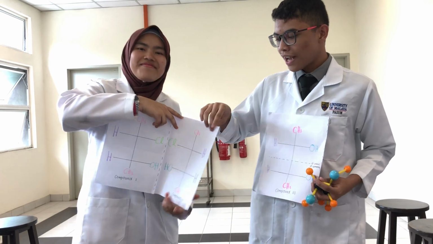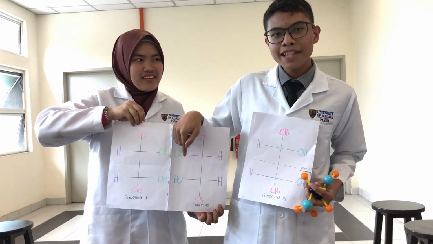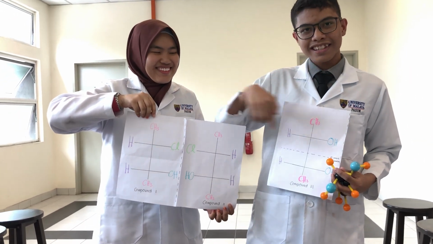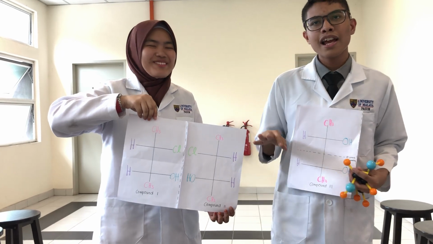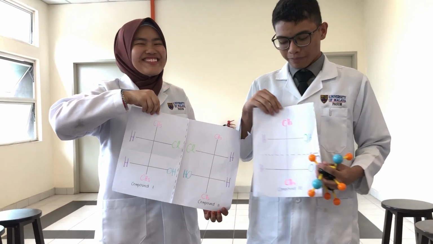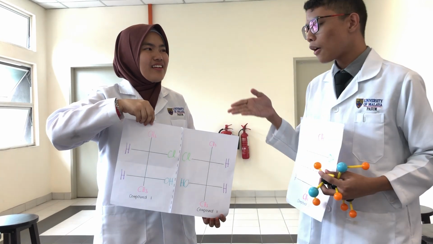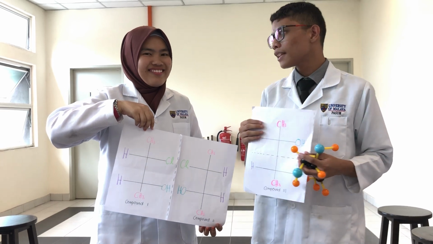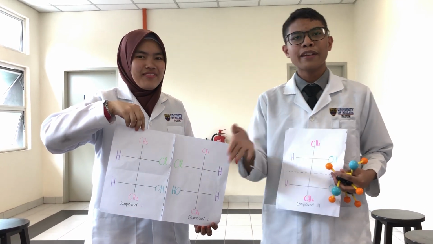So the meso compound is different from the others. It is called a diastereomer with respect to the other isomers. Between this and this we already know they are enantiomers, but between this and these 2 compounds, it is called diastereomers. The boiling point of these 2 compounds is the same, but the boiling point of this compound is slightly different. We don't know if it is higher or lower, so we need to go to the lab.